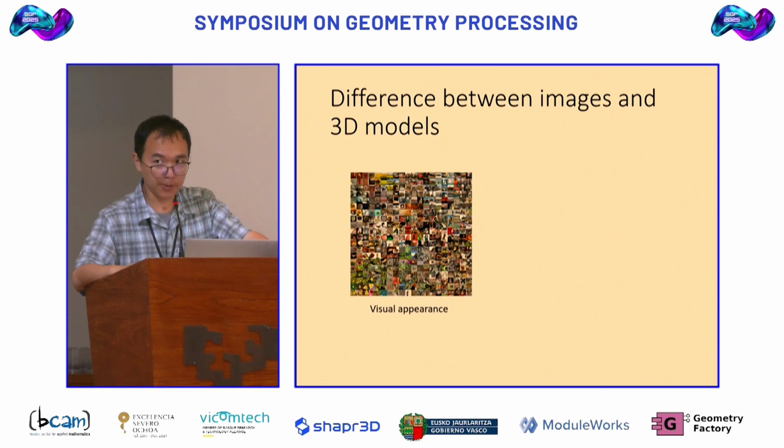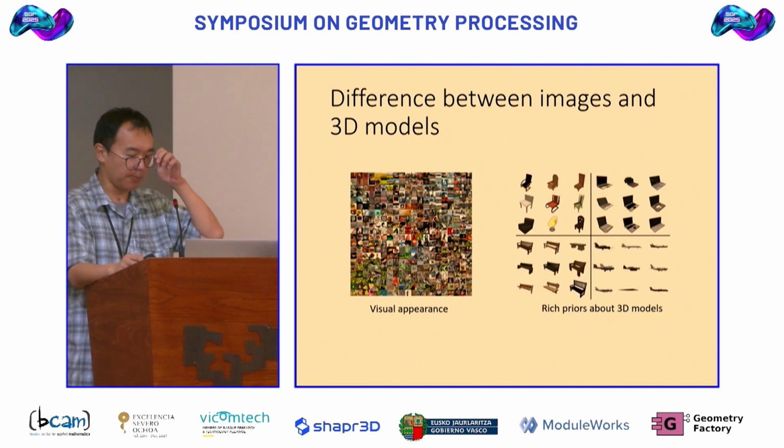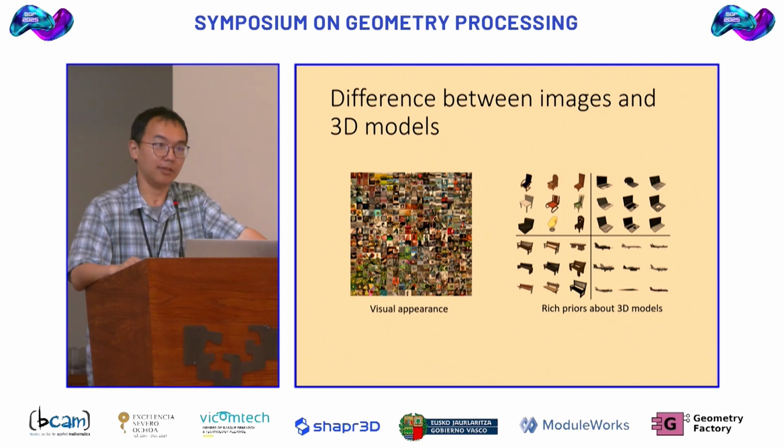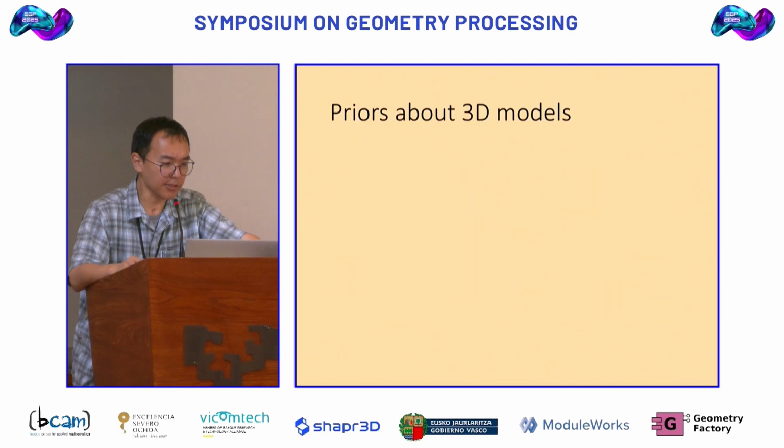If you do distribution alignment very well, then we can generate very realistic-looking images and videos. And this is the reason why diffusion models have been very, very successful. But in the 3D domain, we care about a lot of priors that are critical for many applications, and we do not talk about those priors for image and video generation. So that is the difference.